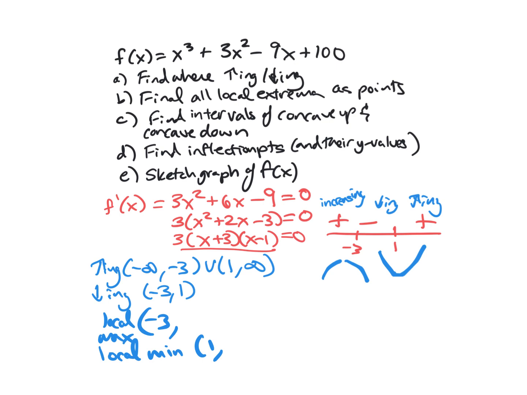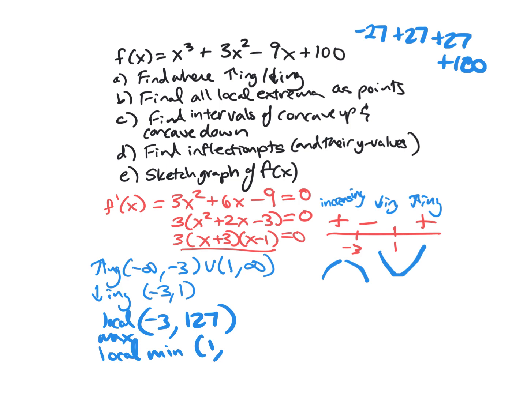Oof, all right, maybe I don't have my calculator handy, so let me do this. Try to plug in negative 3. So negative 27 plus 27. Okay, that's actually nice. Plus 27 plus 100. So that should be 127. I'm going to look at my work to see if that's what you got. Yes.